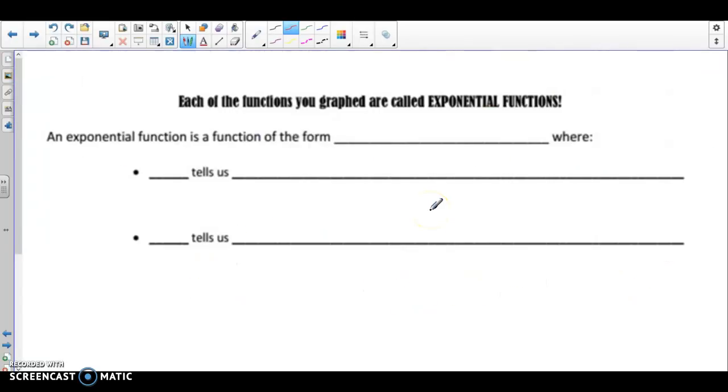So here's our last little bit. Each of these functions that we just graphed are called exponential functions.